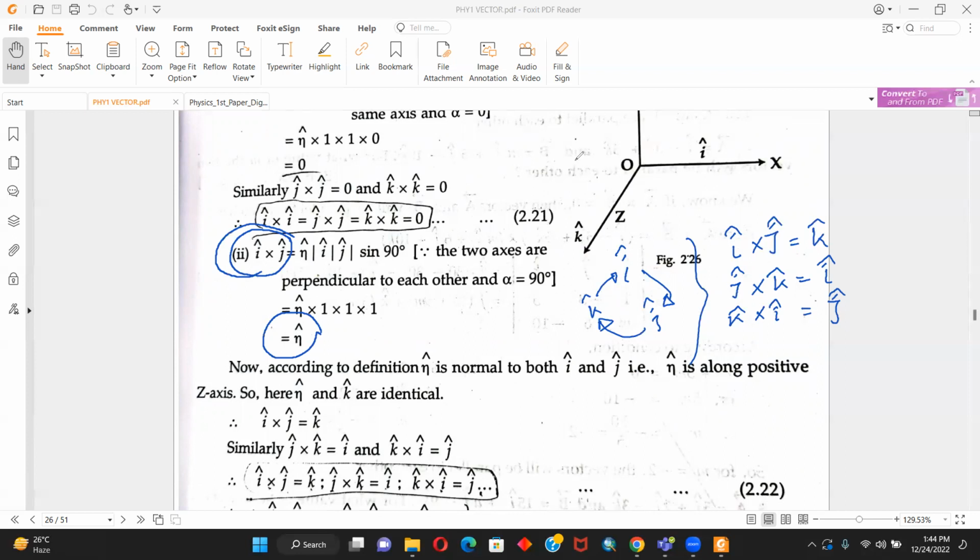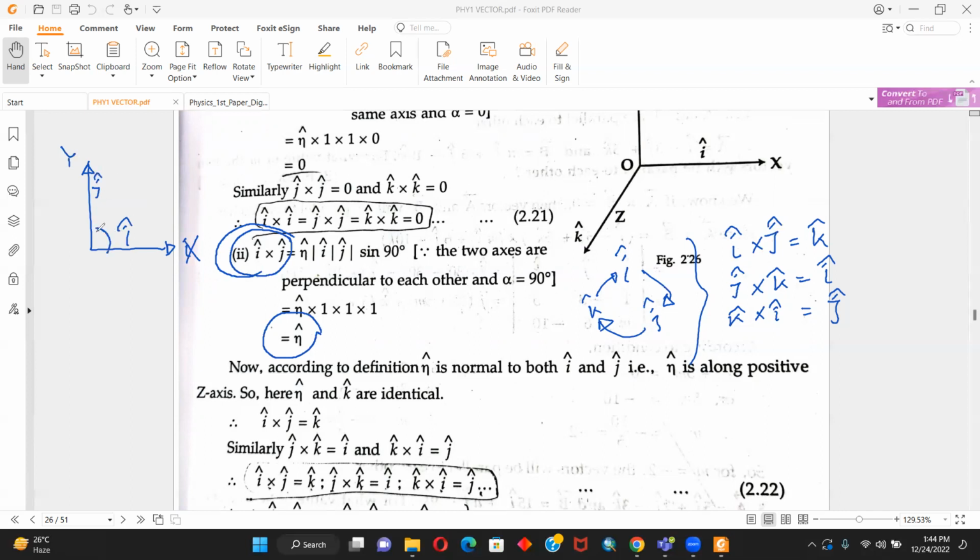Okay, this is getting confusing. Let me make it easy for you. Forget about caps and all. This is the axis. Forget that there is any z axis. This is I cap, the x axis, and this is along z cap.